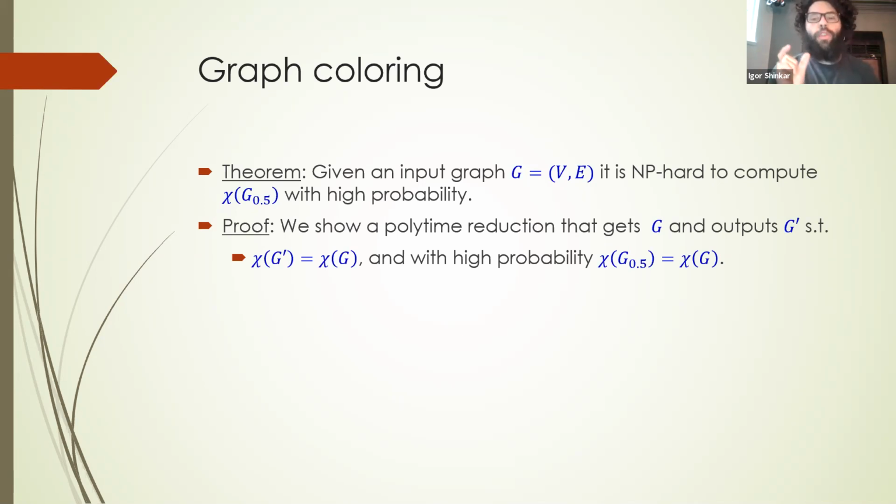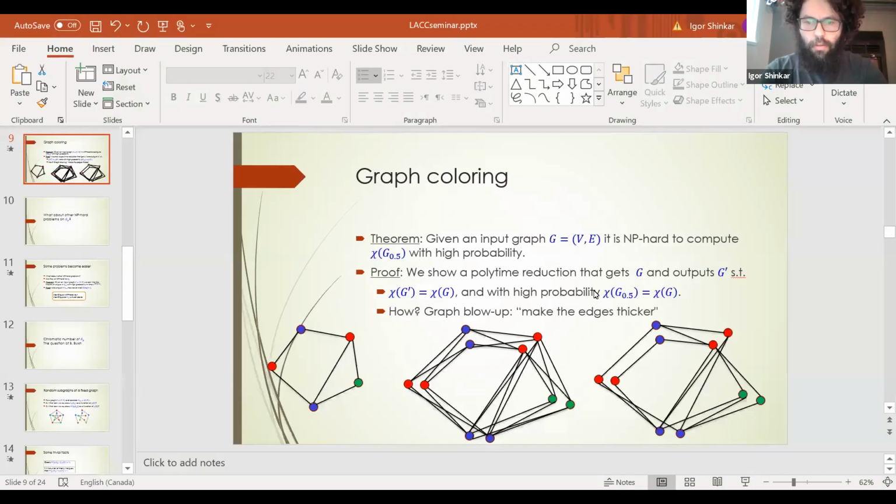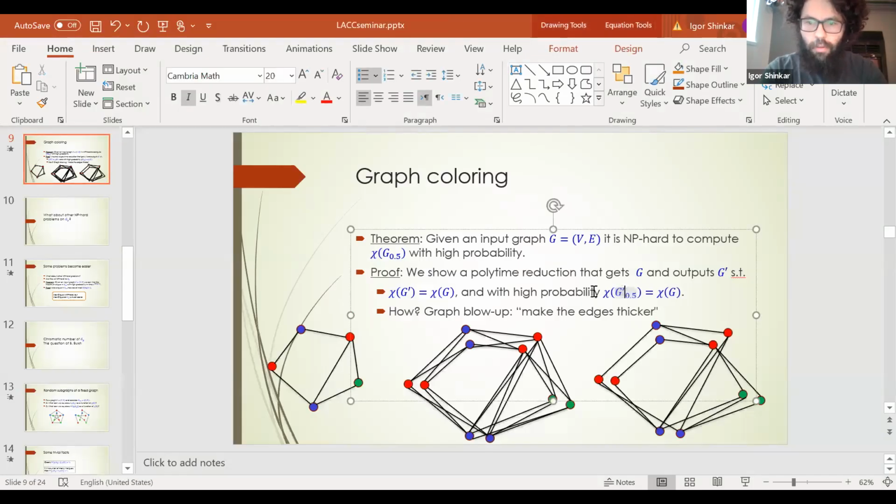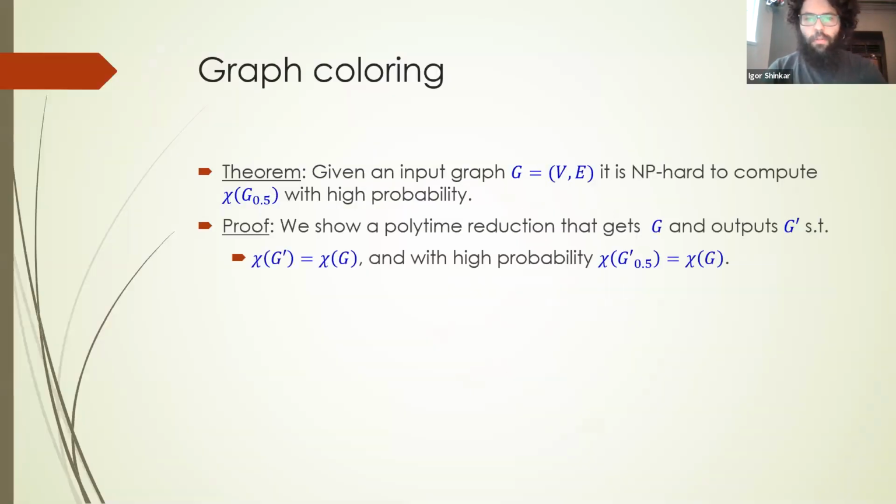And also, with high probability, the chromatic number of the random subgraph is also the same.